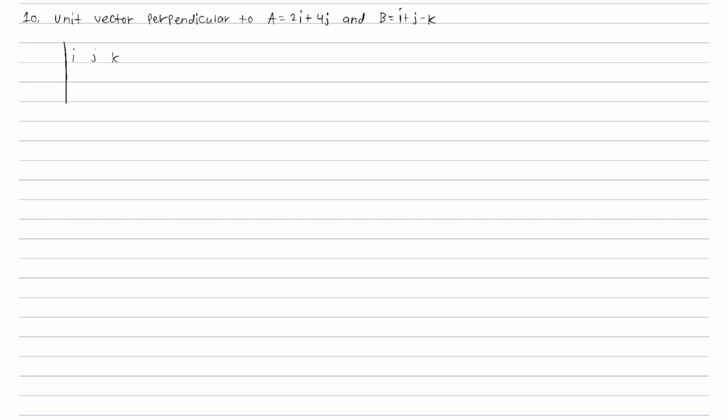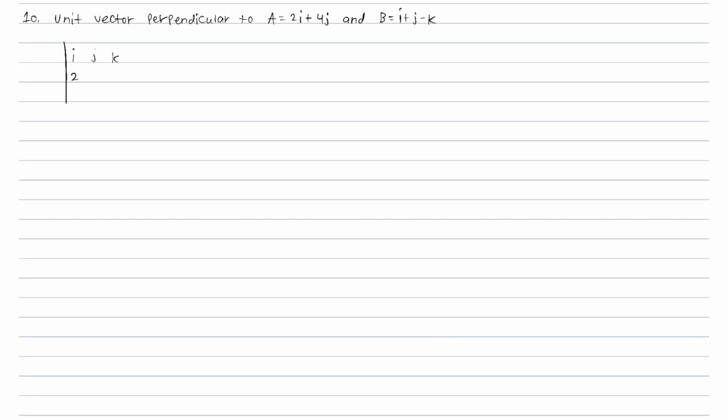And remember, cross product is highly dependent on order. A cross B is not the same as B cross A. It's going to give you the same magnitude but opposite in direction. So we have to make sure that we put A first.